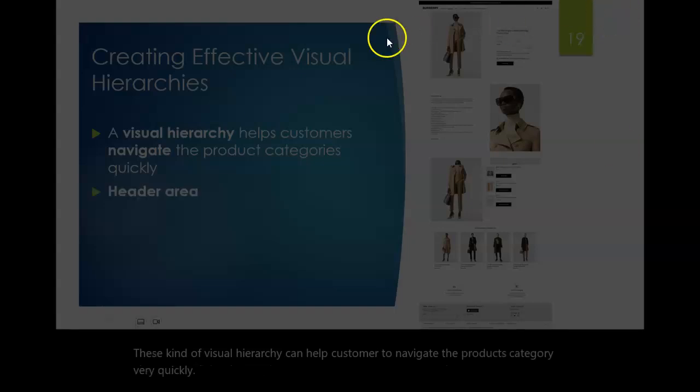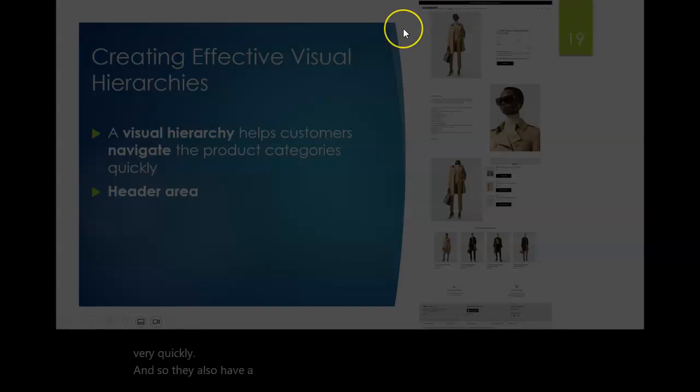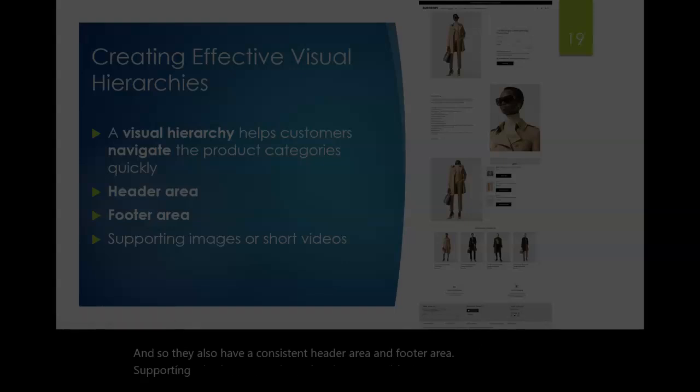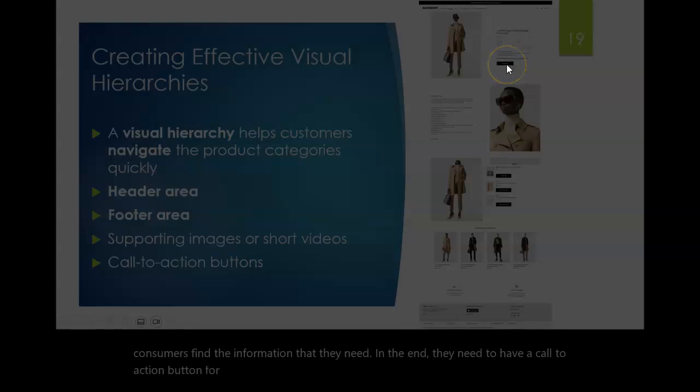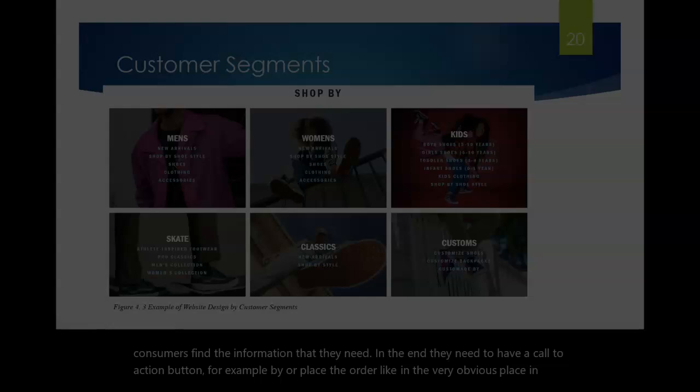And so they also have a consistent header area and footer area. Supporting image or a short video are also embedded into the website to help consumers find the information that they need. In the end, they need to have a call to action button, for example, buy or place the order, in the very obvious place in the page.